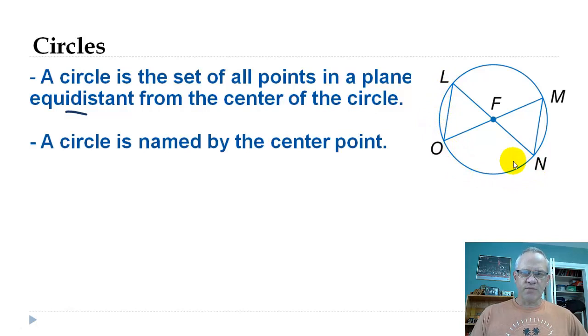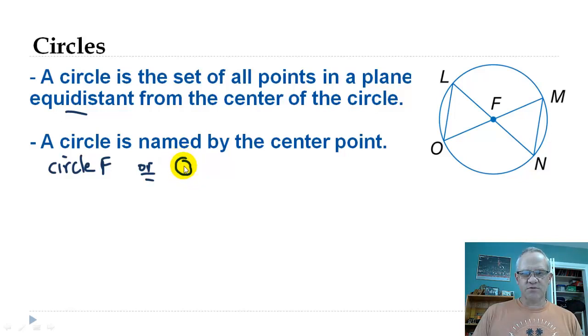All right. The way we name a circle is by the center point. In the example I've got here, we could either just write out the word circle, so we could call this circle F. That's one way we could name it, or we could use this symbol.